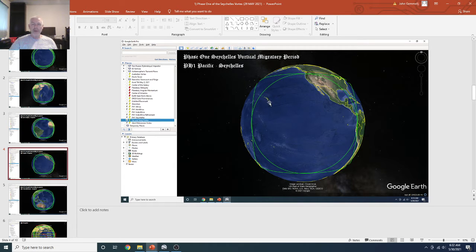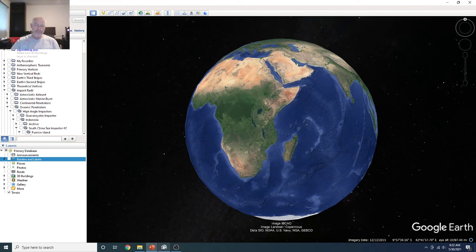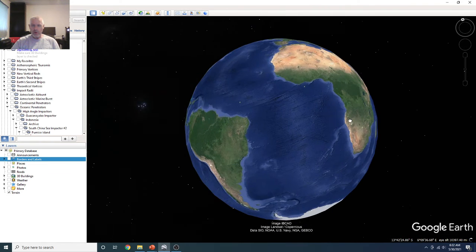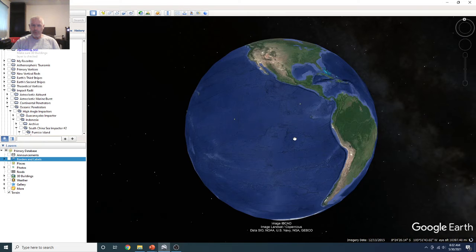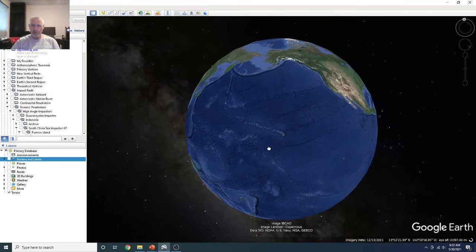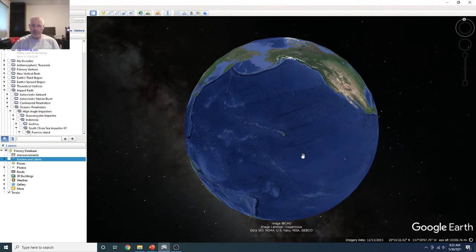Hawaii was an impact crater. So basically, what do you have? Why do the Hawaiian Islands go like this? So here's my theory. I'm going to show you where that impact crater was right here.